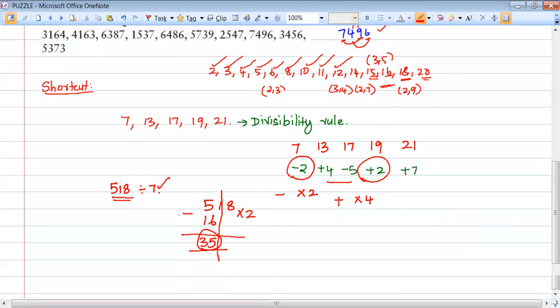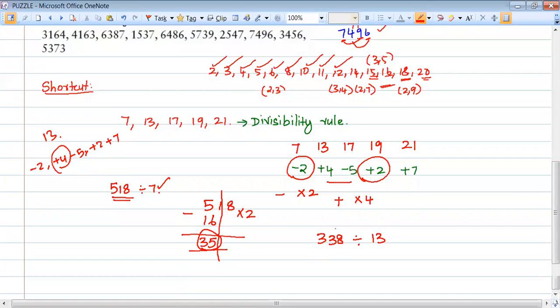So one more model I will give you for 13. Suppose I have one number 338, whether it is divisible by 13 or not. Then you write the number -2 plus 4 minus 5 plus 2 and plus 7. Check. This is plus 4. This is for 13.